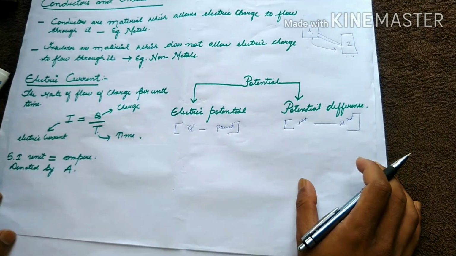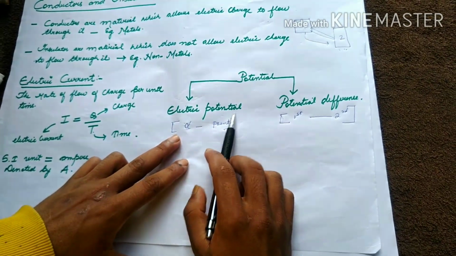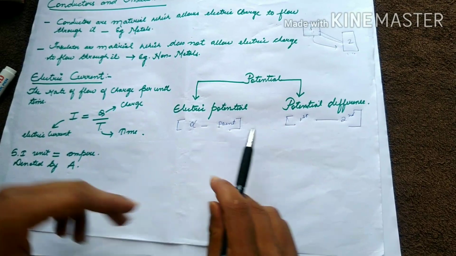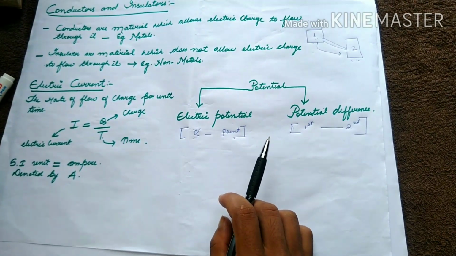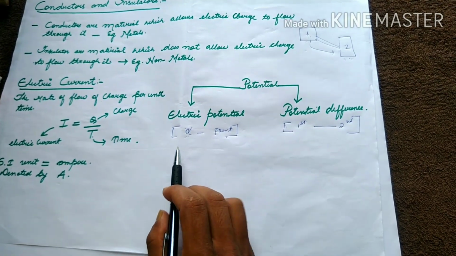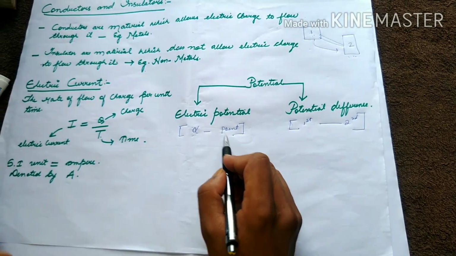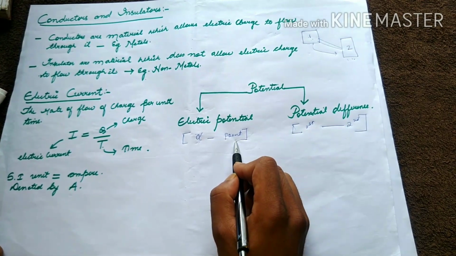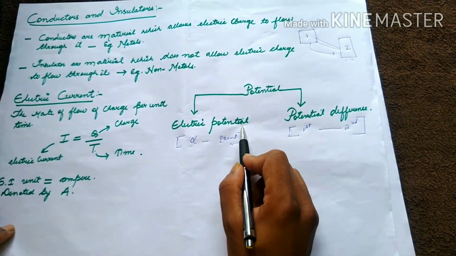Can you see the difference now? In electric potential, the first point is infinity, which will not be visible to us. It can be anywhere. So how much work is done in bringing the charge from that place to our house or to any point? That is called electric potential.